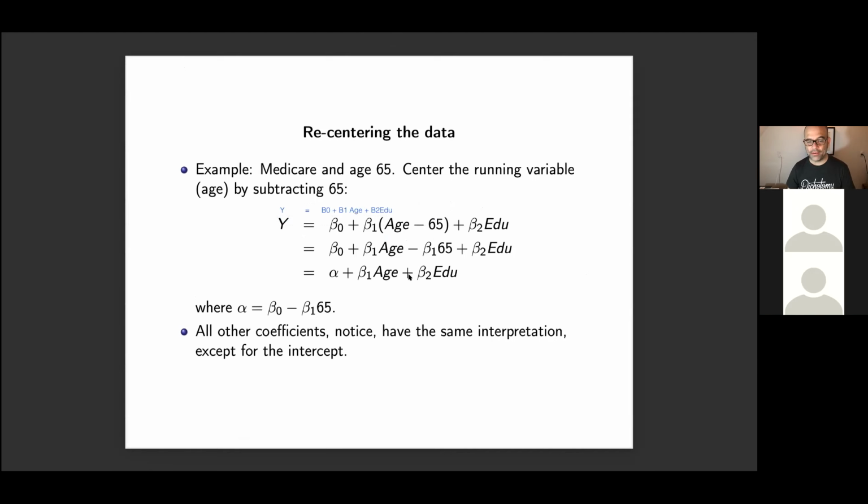Okay, so we could add that. But then what we do is we subtract 65, maybe that's the cutoff, from age. I distribute the beta 1 and I get beta 1 age minus beta 1 times 65. And all that ends up happening is I have this and this. This is a constant here.